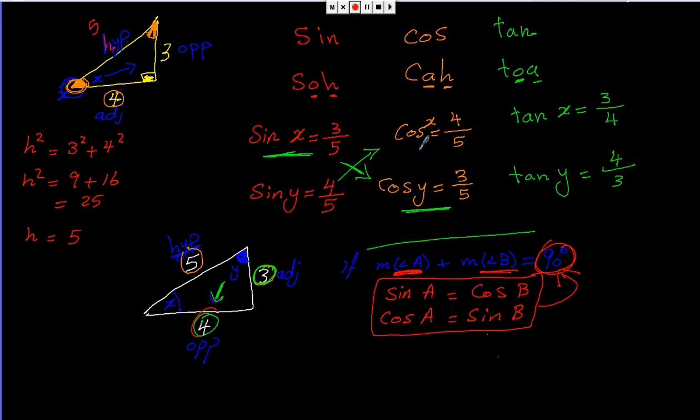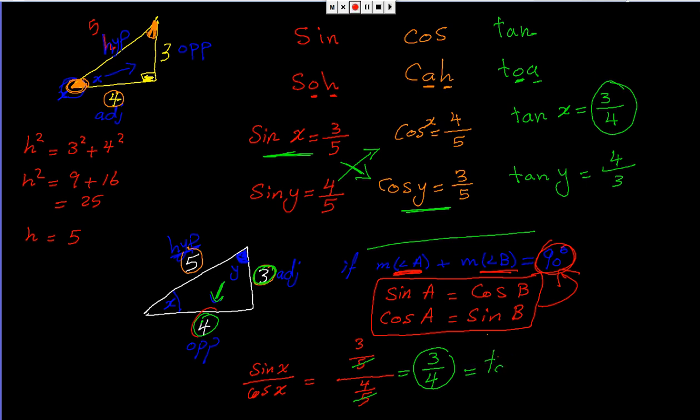Let's see. If I divide sine x over cosine x, sine x is 3 over 5 over cosine x is 4 over 5. Let's cancel 5 with 5. I get 3 over 4, which equals tan x.